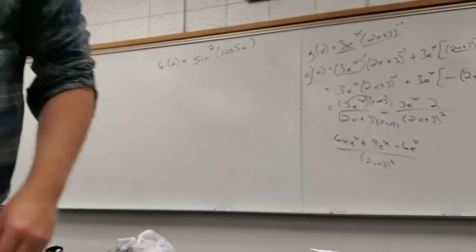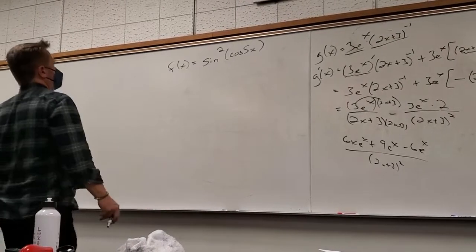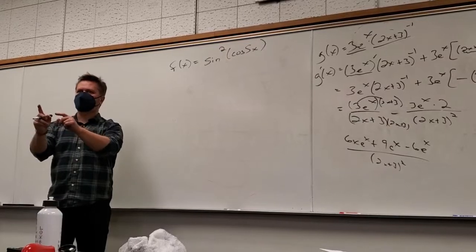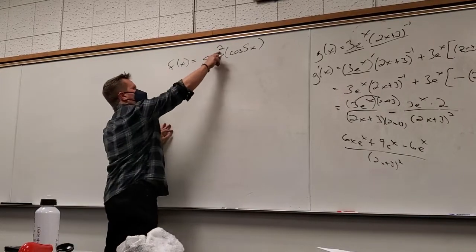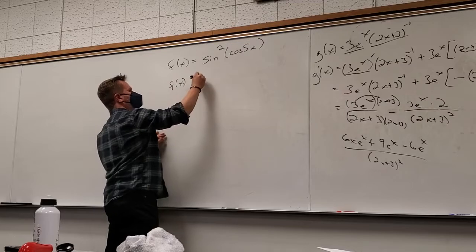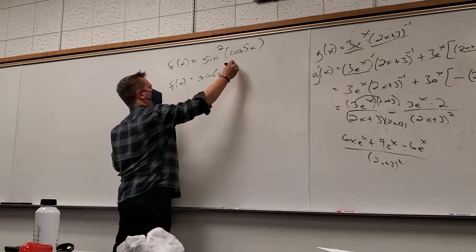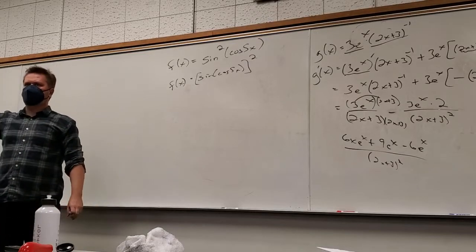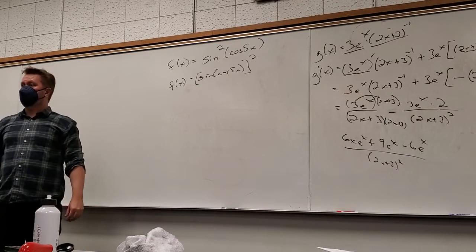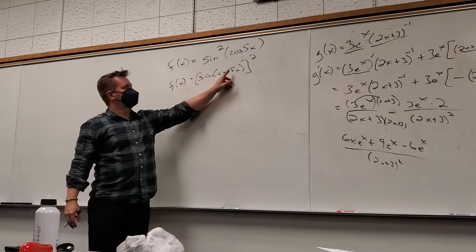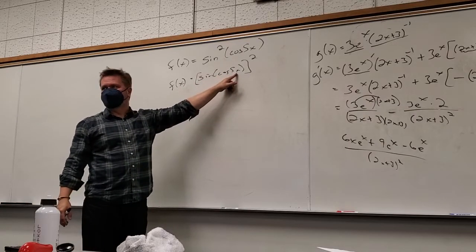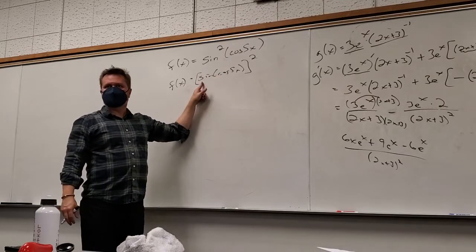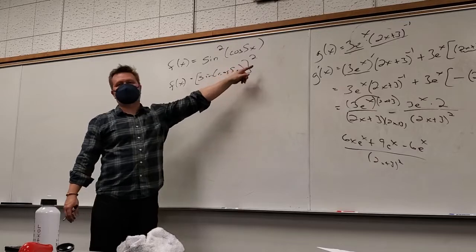Now, one thing about trig functions, we put the square there, which doesn't really capture what's going on. This is what's really going on. So what's the most inner function? Cosine, yeah. Well, actually, the most inner function is 5x, which is inside cosine, which is inside sine, which is inside a square.